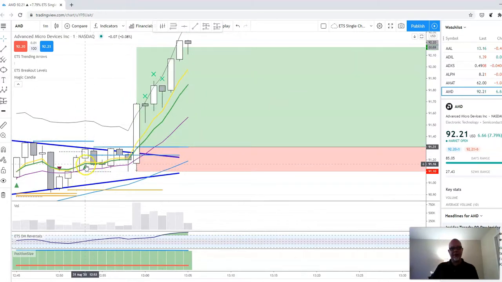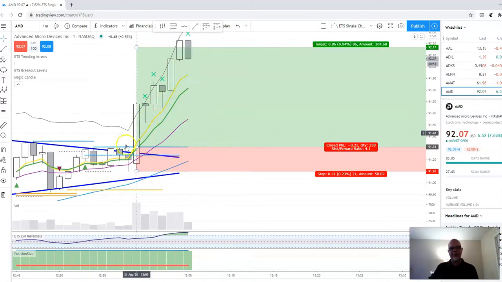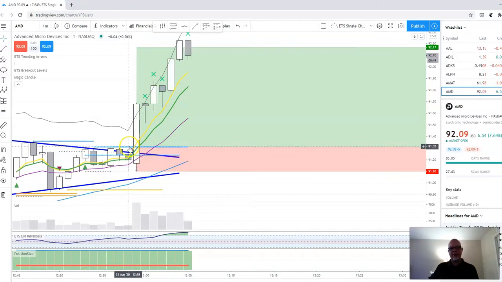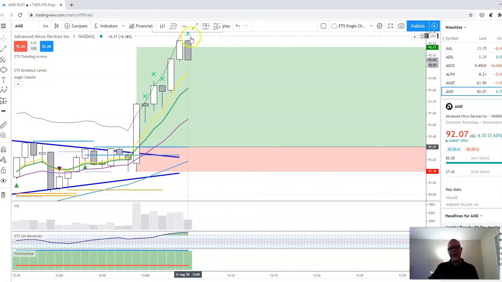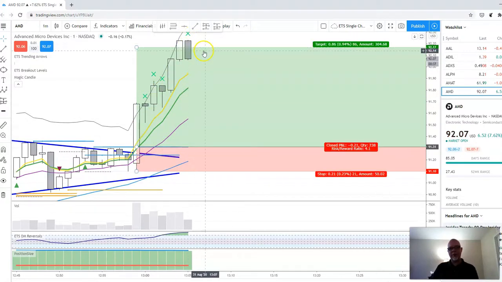If you got in right when the trending arrow indicated with the stop loss level down here, even better, right? But even the safer entry would have been at the break of the breakout level, and currently a massive move up, taking some partials over here, and of course over here we once again have a warning of potential pullback, and it did in fact do exactly that.